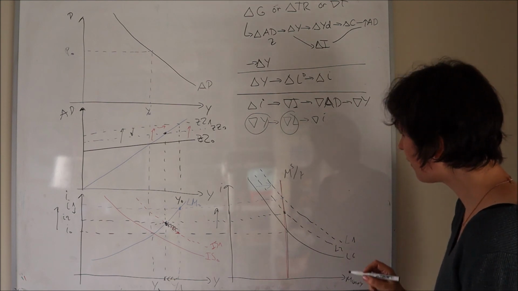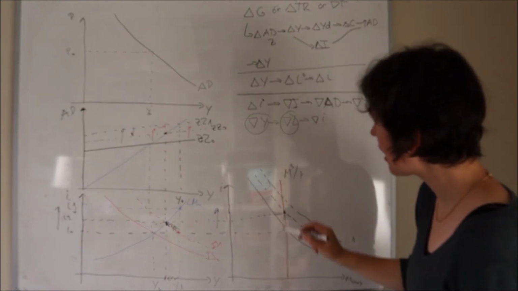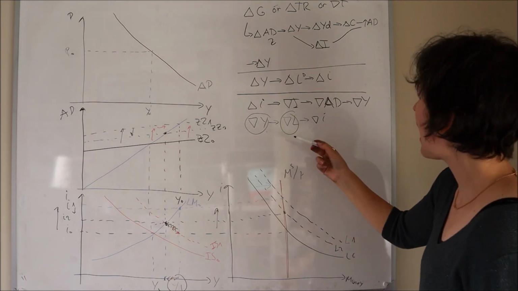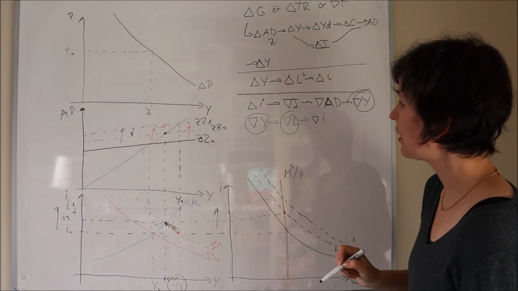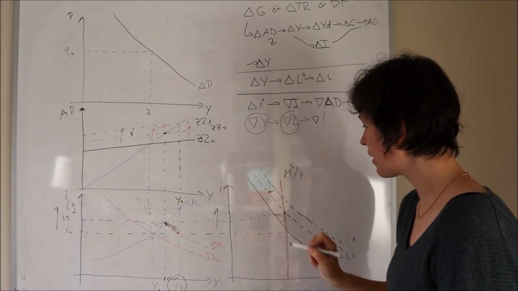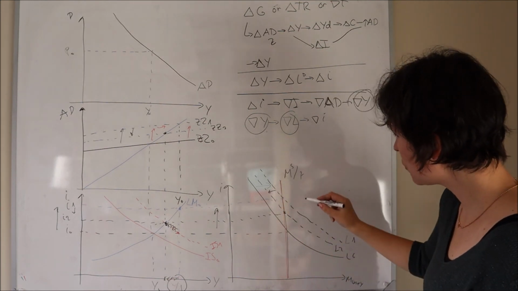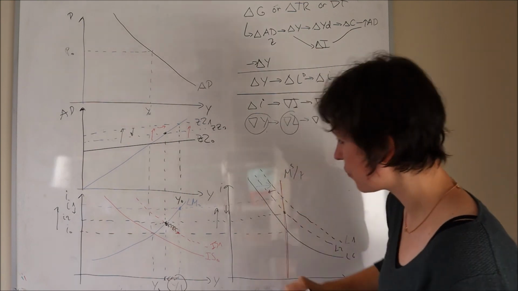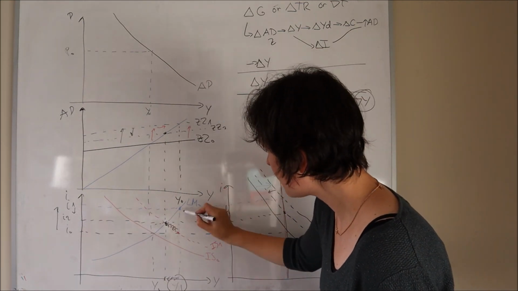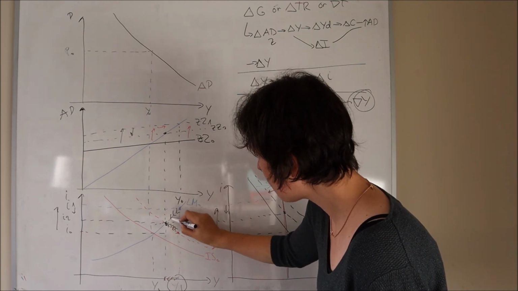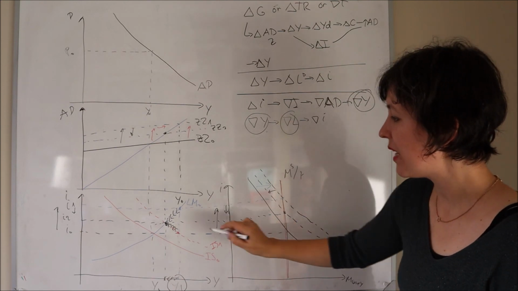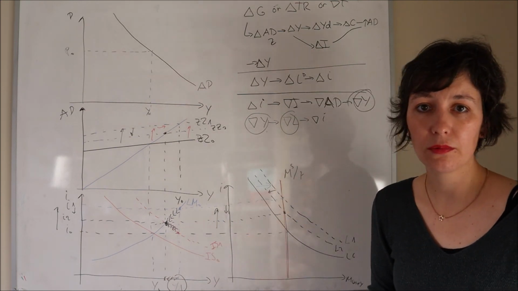Okay, so in fact the thing that I'm observing is the reduction of the output, because now the output is decreasing in the goods market, which is going to generate a decrease of the demand, that is going to generate a lower interest rate. So it's like going to this point. That means that the smaller the level of production, the smaller the interest rate of equilibrium is going to be, right?